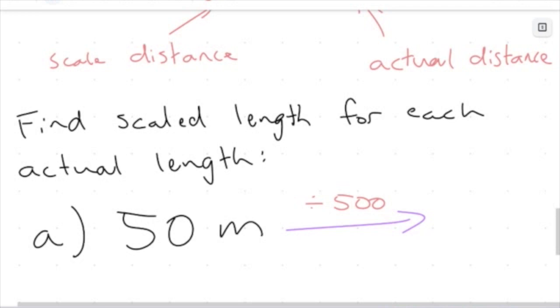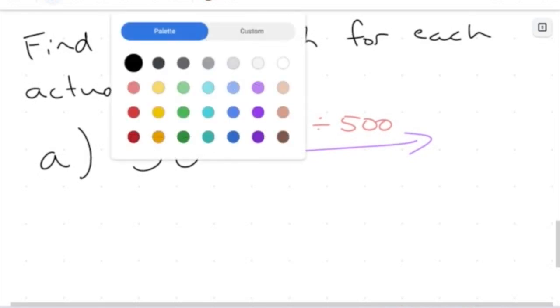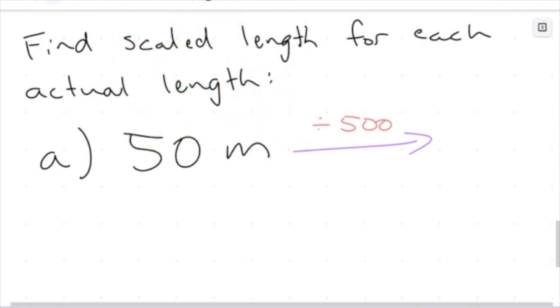So we would expect for the scale distance to find something smaller than 50 meters. And a lot of the time we get a smaller number when we divide by a whole number. So we're dividing by 500 here. So my scale distance is going to be, well, I'm going to divide 50 meters by 500.